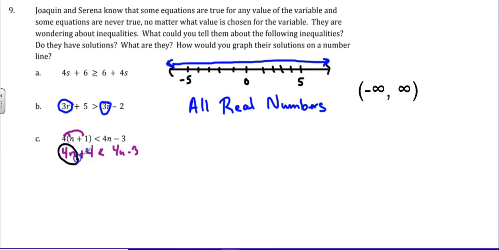Since you have 4n and 4n, those are the same. If you add 4 to one, and you subtract 3 from the same value, then the one where you're adding 4 should be greater than the one where you're subtracting 3. So because this is never a true statement, what you're going to have is just an empty number line, and we'll have no solution.